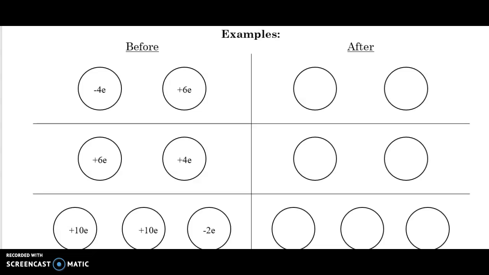If we have a -4 charge over here and a +6 over here, we have a total charge of positive 2 elementary charges. And afterwards, that's going to be evenly distributed between these two circles. So we have positive 2 elementary charges divided by 2. So we have positive 1 on each.